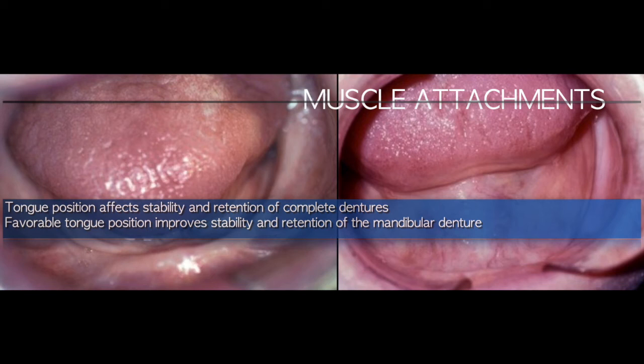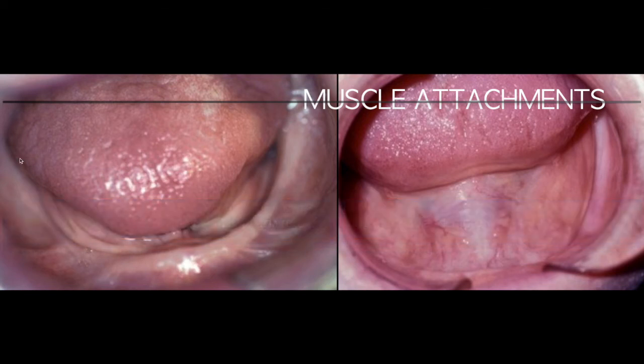When you look at the left side, this is a favorable position of the tongue for the mandibular denture. And when the tongue is retruded, it's called the retruded tongue position for the mandible. These are very poor or unfavorable conditions for mandibular stability and retention.